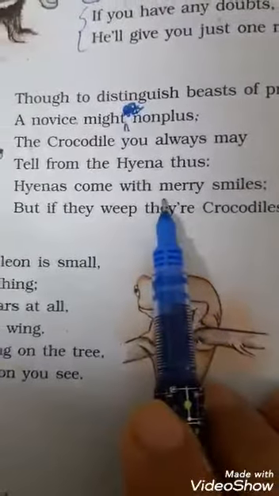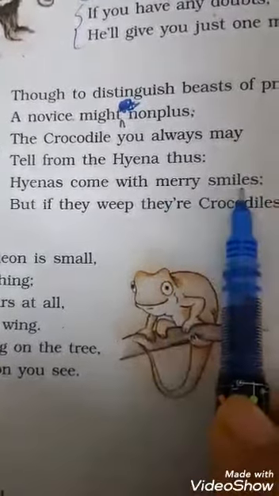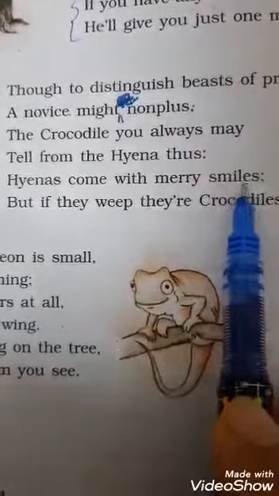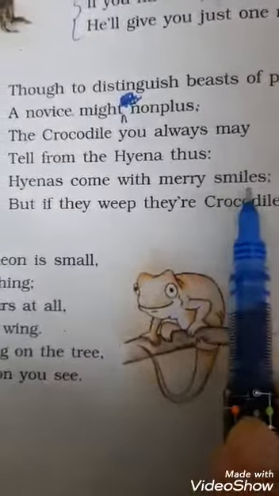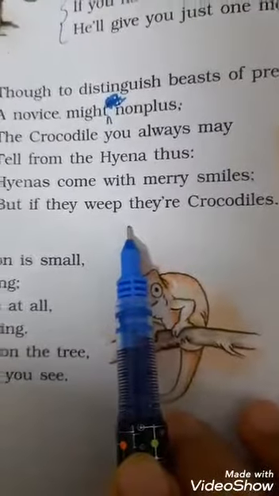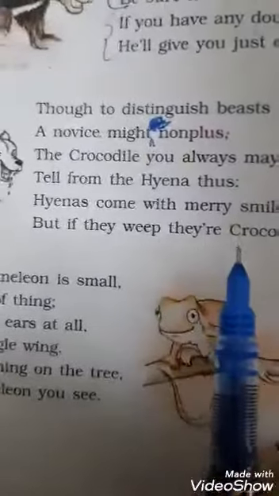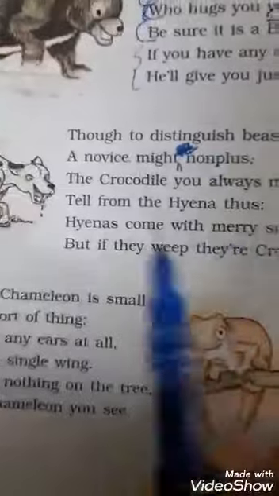When they make sound, it is as if somebody is laughing. So hyenas come with merry smiles. They look as if they are smiling, and crocodiles shed false tears. So like this, one can distinguish between these two animals.